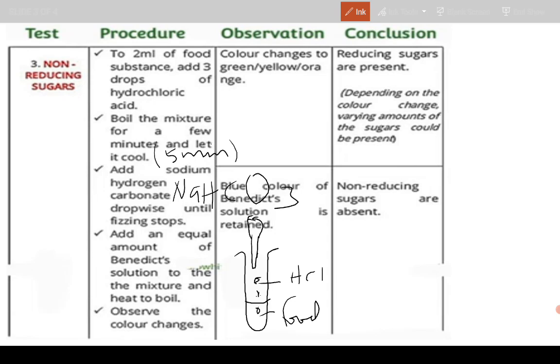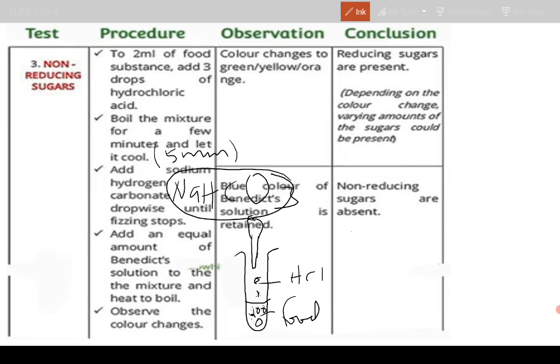Initially, before you add the sodium hydrogen carbonate, you see some tiny bubbles when you add the hydrochloric acid to the food sample. But when you add the sodium hydrogen carbonate, you see more bubbles forming, which signifies that there is a reaction.